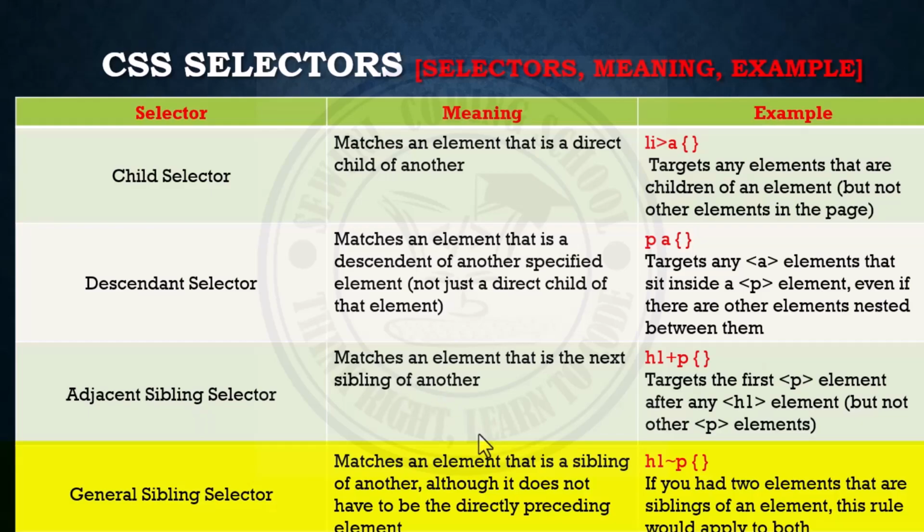If I want the first paragraph after a level 2 heading, I'll do H2 plus P. That's how the adjacent sibling works. And the general sibling applies to all the siblings within a particular element.